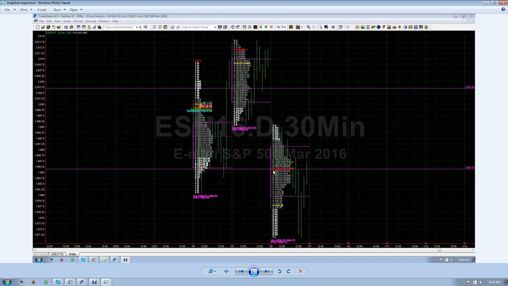So there's two examples. Both of these are responsive activity.